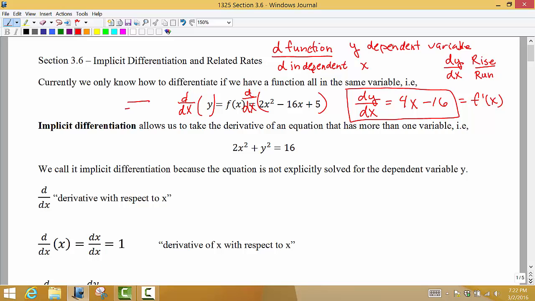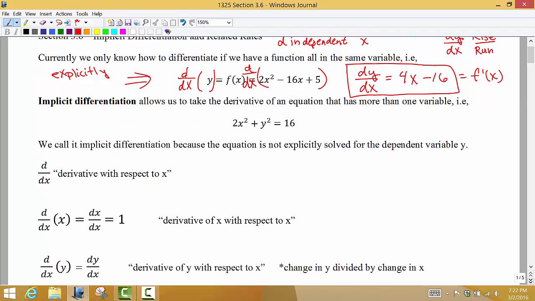In this example, we had y explicitly solved for, so we knew exactly what the function was in terms of x. Implicit differentiation allows us to take the derivative of an equation even if the equation doesn't have y by itself on one side.